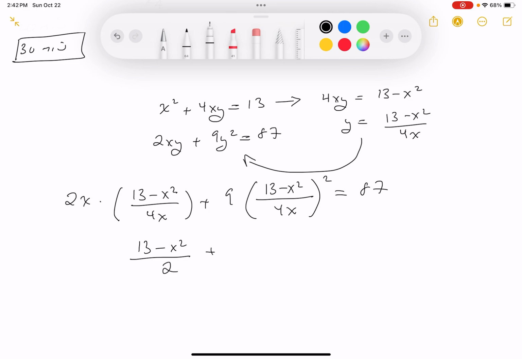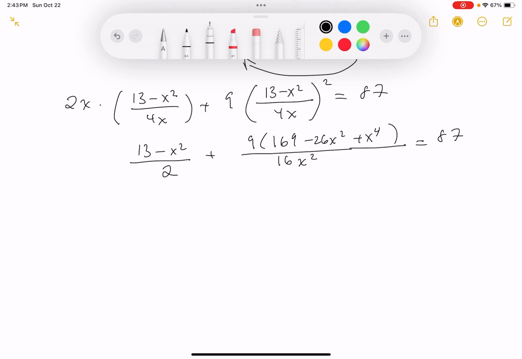Let's go to the next guy, which is more difficult for me. And let's write this down. 16x squared. You get 9 times 169. Yep, it's more difficult. Minus 26x squared plus x to the fourth.